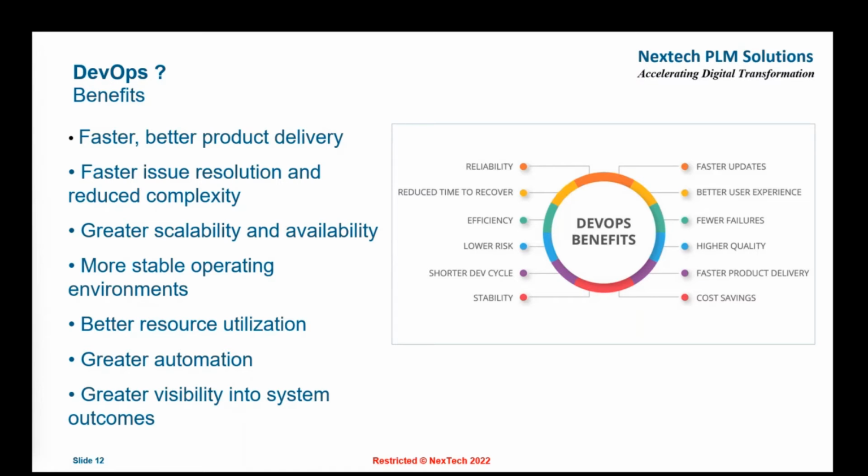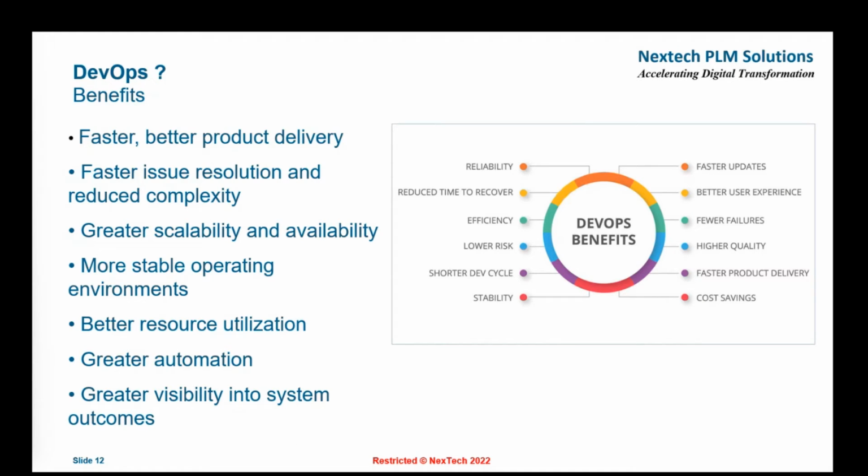So close collaboration between development and operations teams leads to a significant improvement in quality because of the communication and this overall practice, which becomes very helpful for the team to build a quality product.